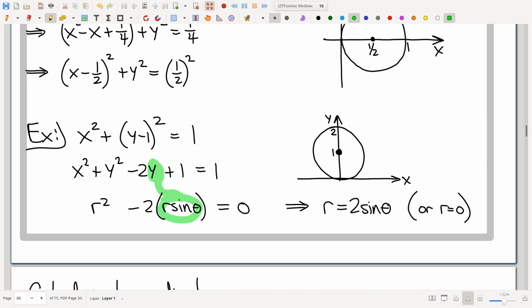The one little quickie trick I wanted to point out is don't necessarily do that too early. Now, I could have plugged in y equals r sine theta at the very beginning. And it would have worked, and I'd get the right answer, it'd be fine. But I would end up having to multiply out a bunch more trig.